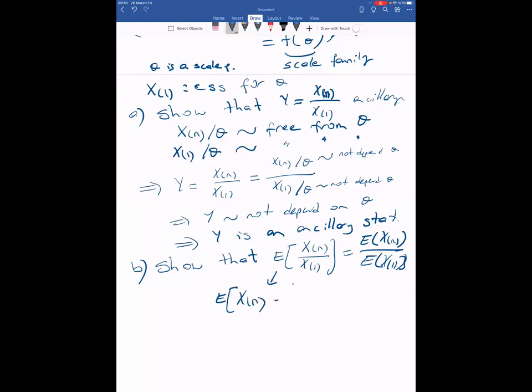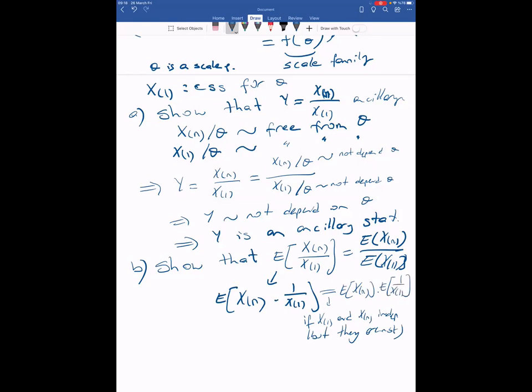Okay, and then this will be 1 over x1. And under the independence, you can only do this if, let me write, if x1 and xn are independent, but they are not. So the only thing that you can consider is this one, but you still cannot write this one.